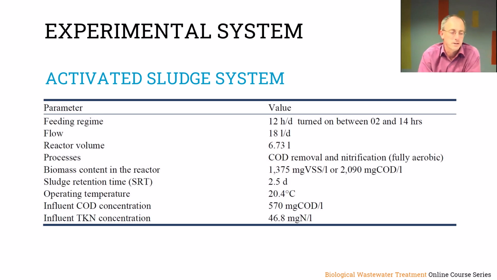So this characterizes the system, and what you then of course want to describe is that in the end you get an MLVSS content in the reactor of around 1400 milligram VSS per liter, the correct oxygen uptake, and the correct N conversions.